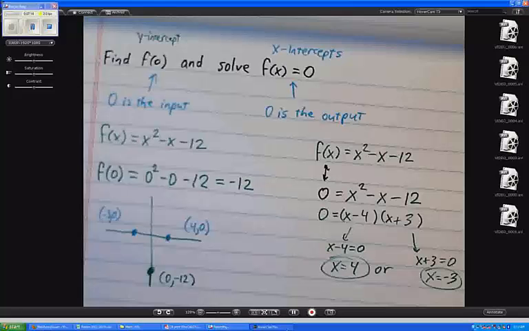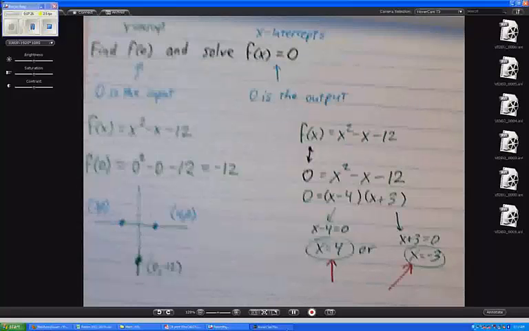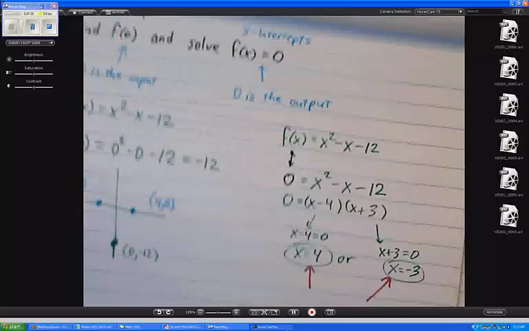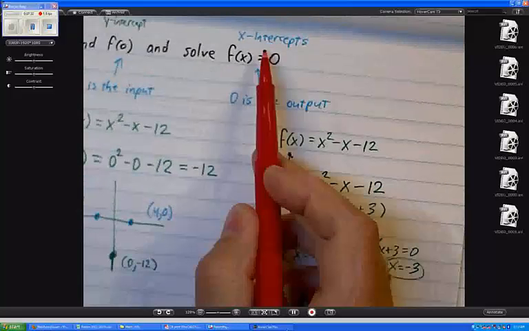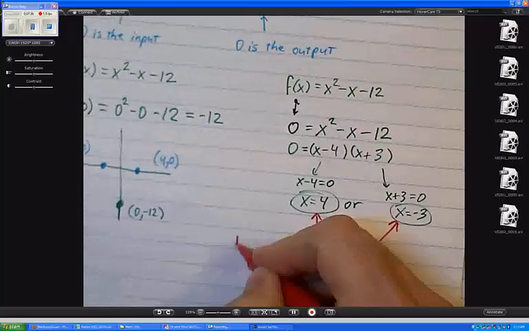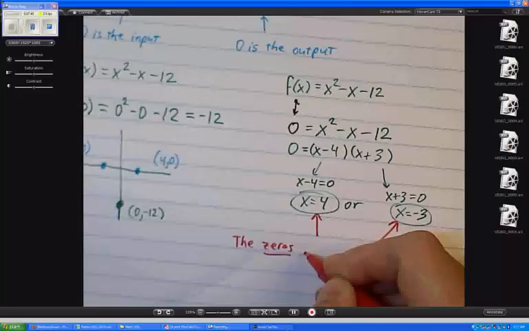And by the way, there's a name here that we're going to see in section 6. When we work on homework, we start section 6, work on that homework for tomorrow. These two numbers here, 4 and negative 3, remember, those are the x-intercepts graphically. But they have a name. They are called the zeros of the function.